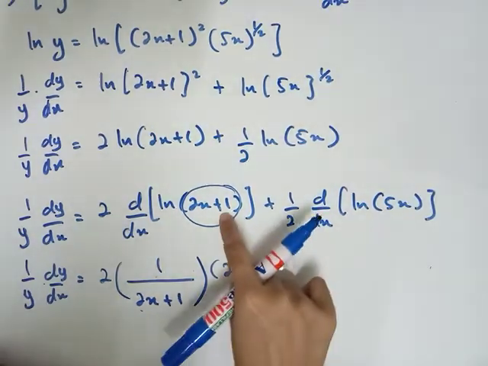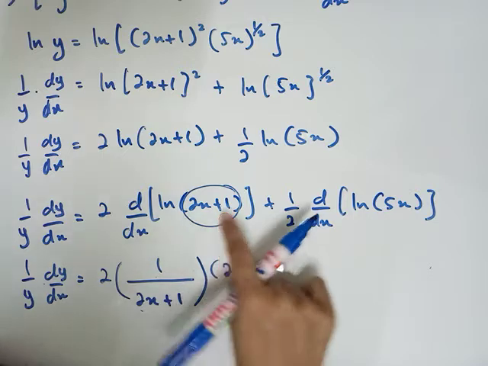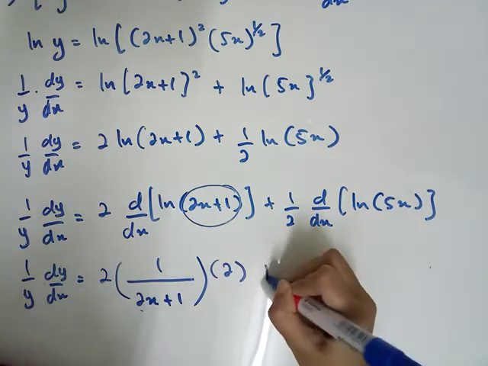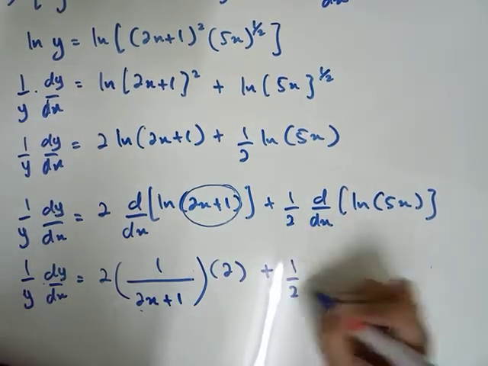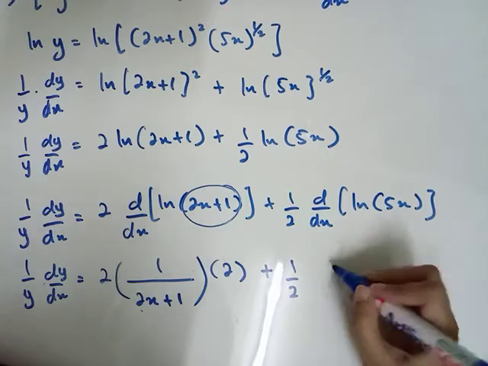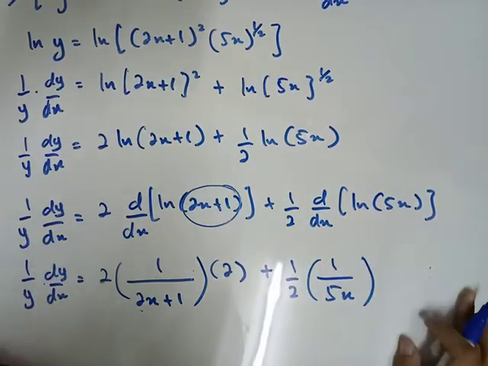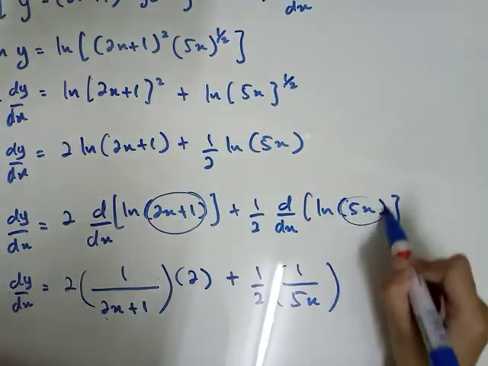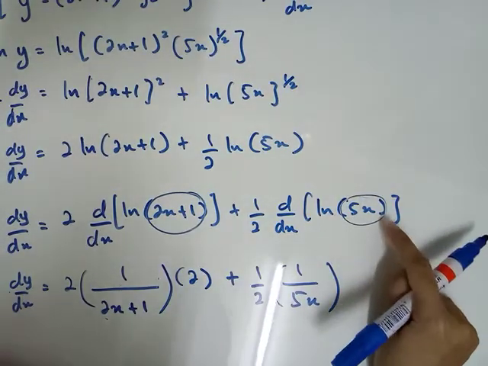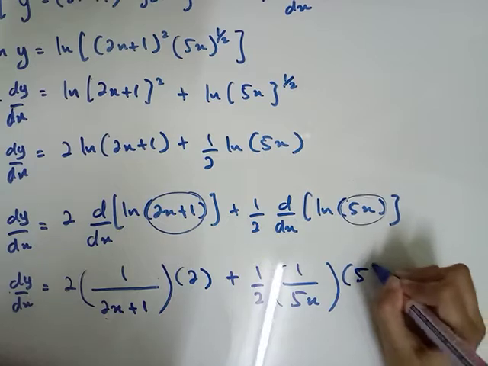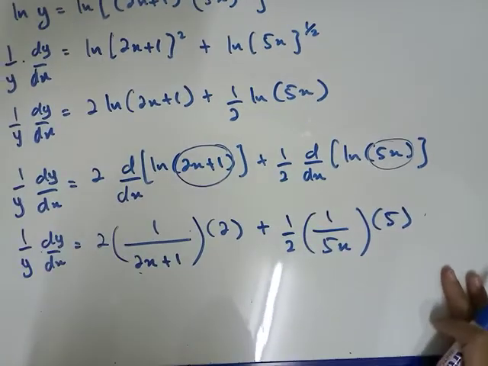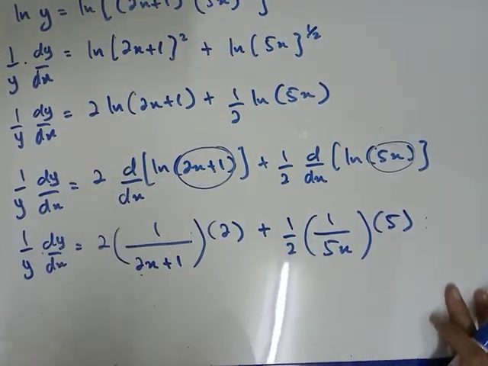Differentiate 1, you get 0, so no need to put 0. And then plus 1 over 2. Differentiate ln 5x, you will get 1 over 5x, and then differentiate yang dalam bracket ni. Differentiate 5x, you get 5. Boleh nampak dah.